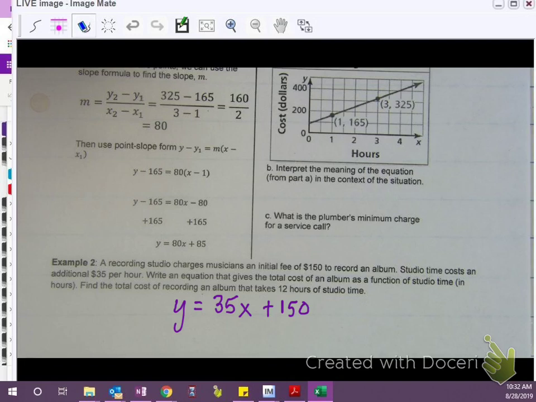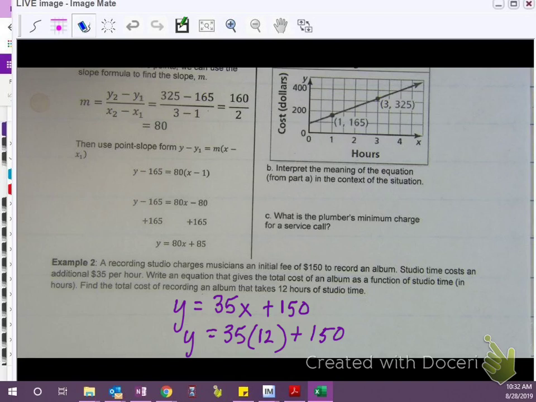We're going to put that in place of the x. So we're going to calculate y equals 35 times 12 plus 150, which is equal to what? 350 plus 70 is 420 plus 150 is 570, yes.